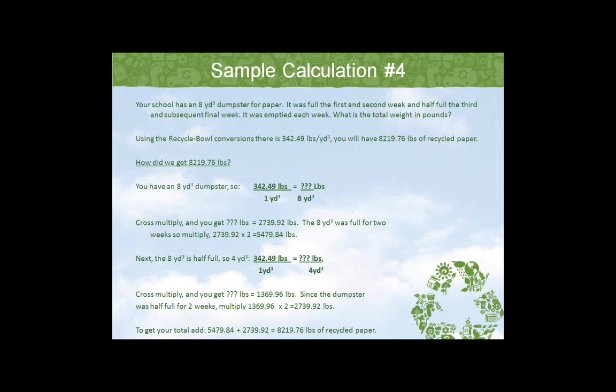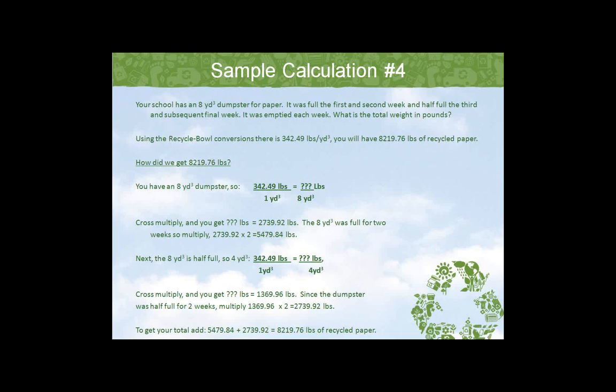But remember next, the 8 cubic yard is only half full, so you have 4 cubic yards of the dumpster full, and it has weighable material. So to calculate the weight, we cross-multiply, and you get 1,369 pounds. Since it was half full for 2 weeks, you're going to multiply 1,369 pounds by 2 to get 2,739 pounds.